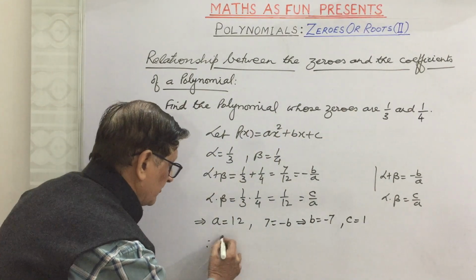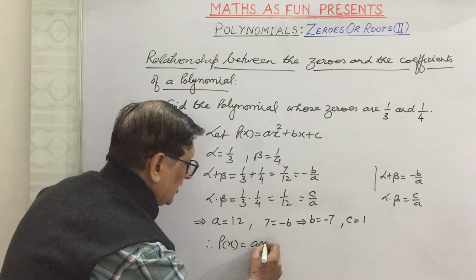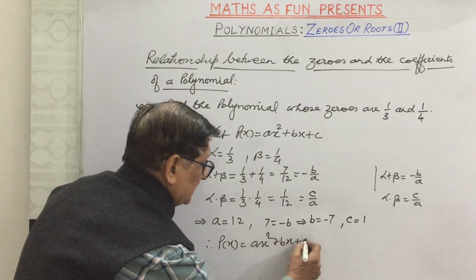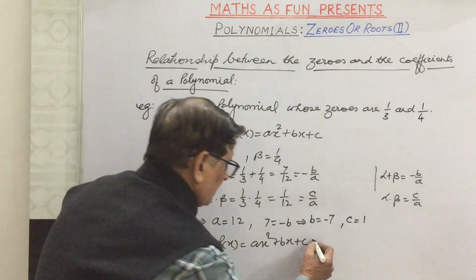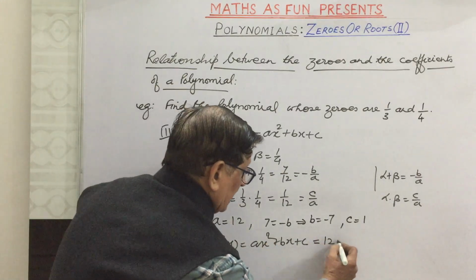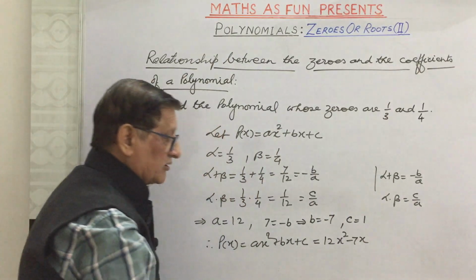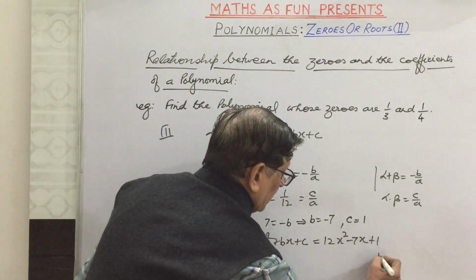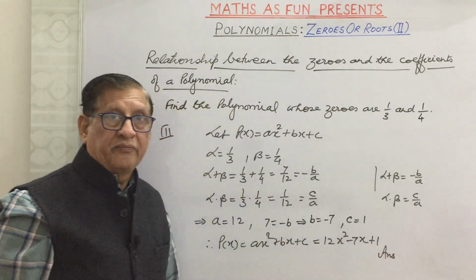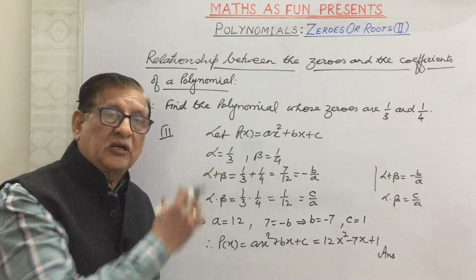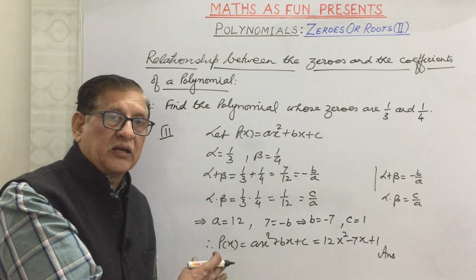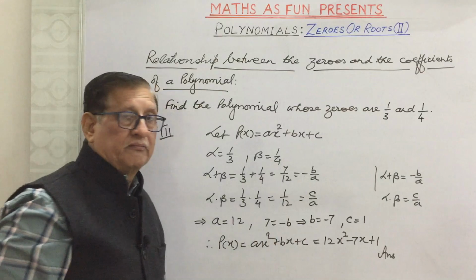So we can write therefore px is equal to ax square plus bx plus c, which is equal to a means 12x square, b means minus 7 into x plus c means 1 plus 1 equal to 0. So you have seen that any of the three methods we apply, the answer is to be same.